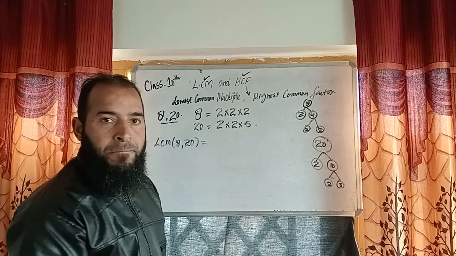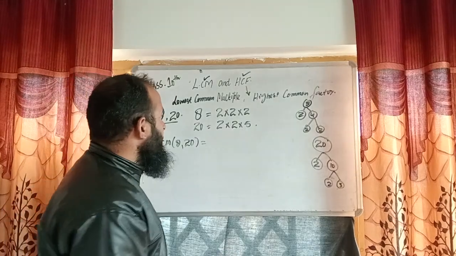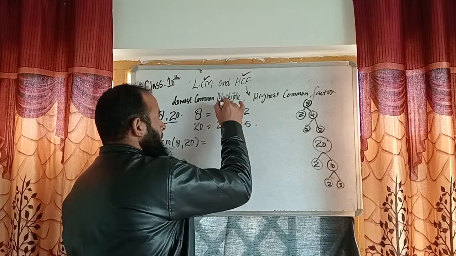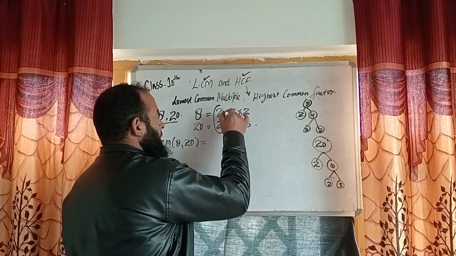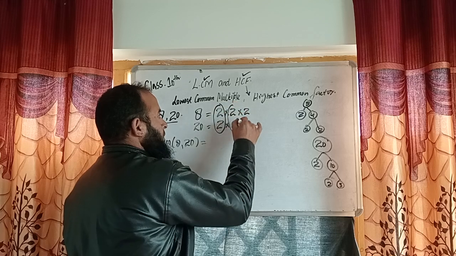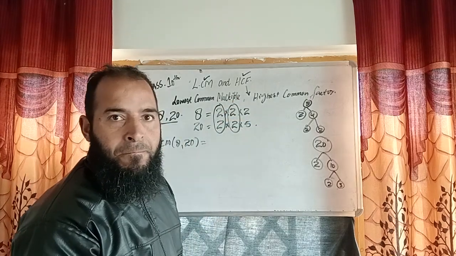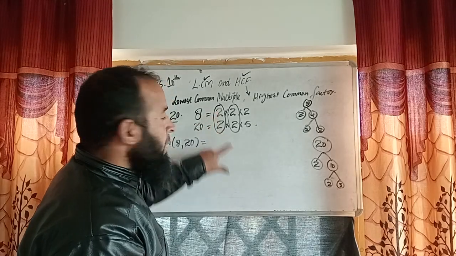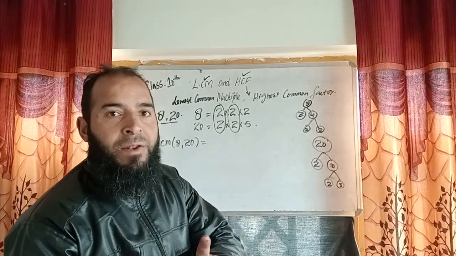We have to make the like pairs, and from the pairs we have to take one.